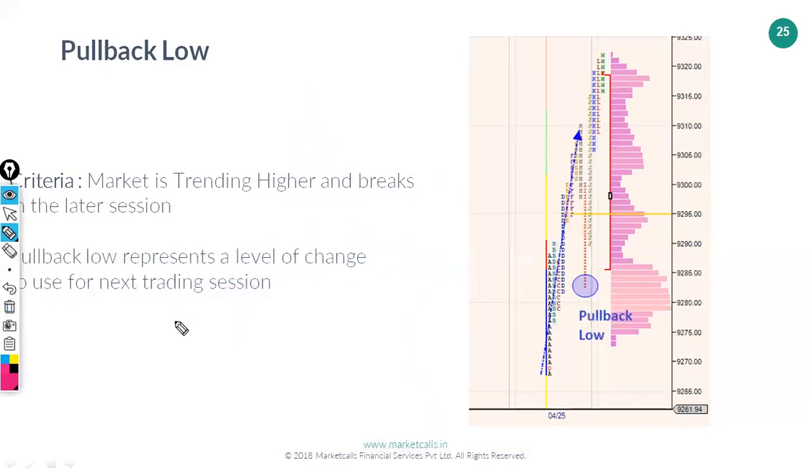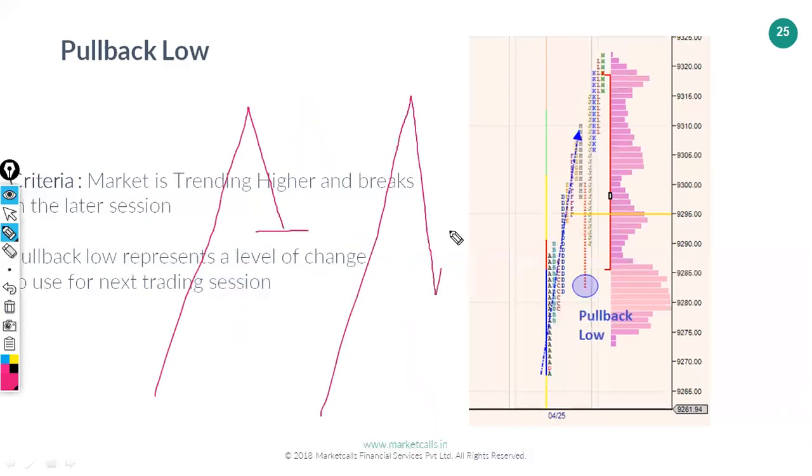Whereas the other pullback low is a strong rally with probably not even 50% retracement. We call that a pullback low too. These are pretty tough to trade, but still one can make use of them.